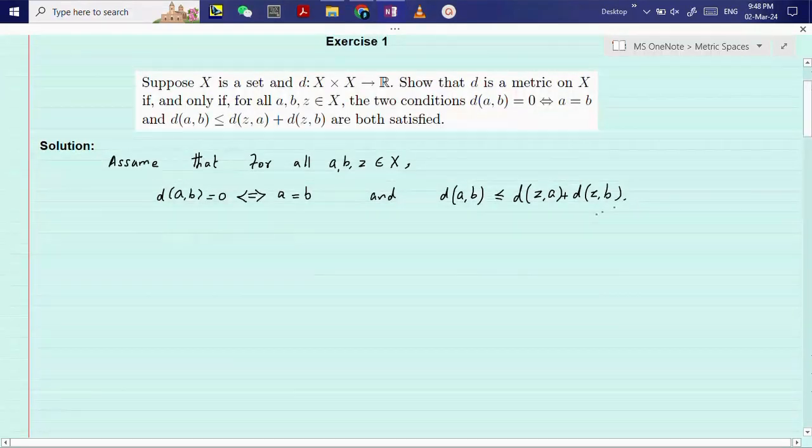This is our assumption, and we prove that D is a metric on X.